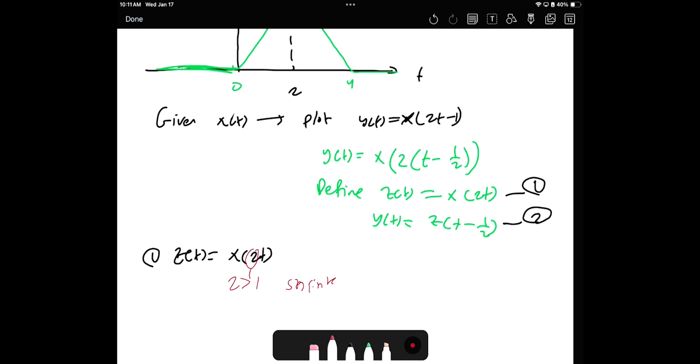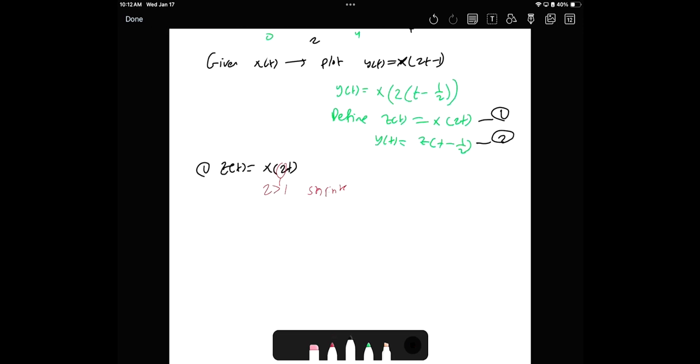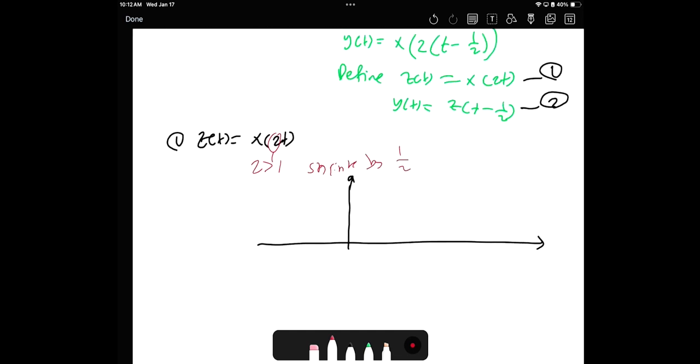That's what we discussed last lecture. 2 larger than 1, then the waveform will be shrunk. So I'm going to make this plot. And since the factor is 2, we shrink by 1 over 2, by 1 half, only in the time axis, of course.